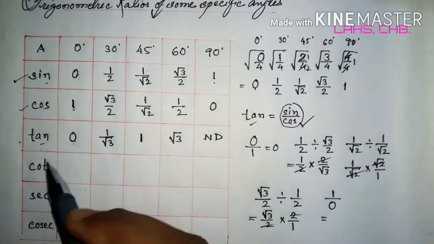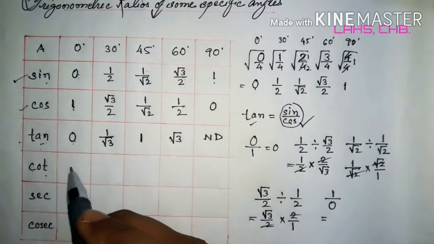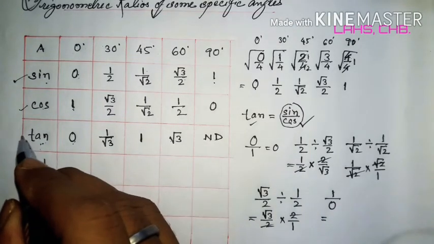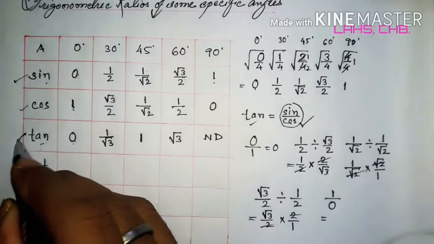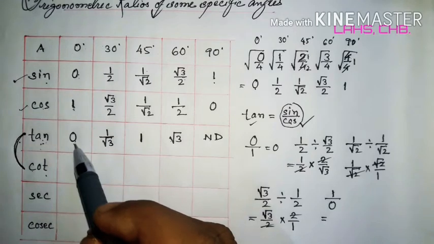Now see, cot. How can we get the value of cot ratio for 0 degree, 30, 45, 60 and 90? Very simple. Whatever value we have got for tan, suppose tan 0 degree we have got 0.